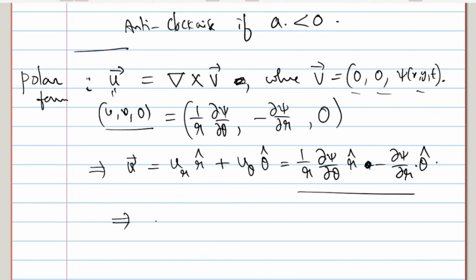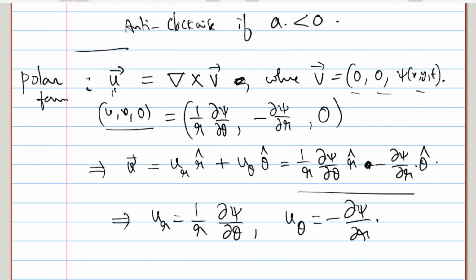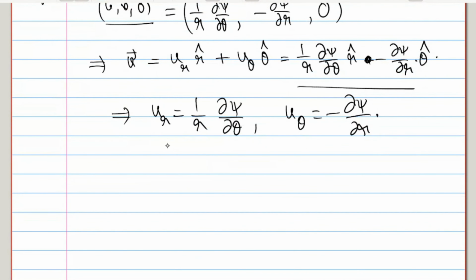So u r is 1 by r dou psi by dou theta, and u theta is minus dou psi by dou r. From here, if you give me your u r and u theta components, I can calculate the same way, isn't it?